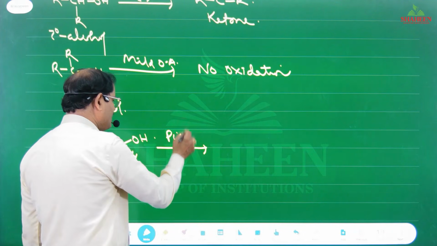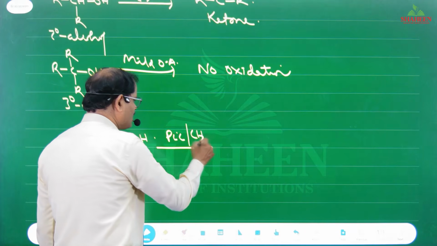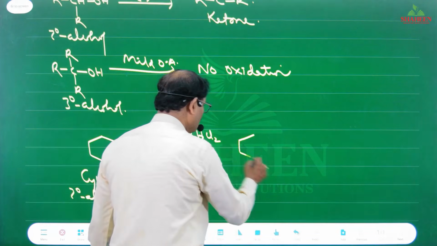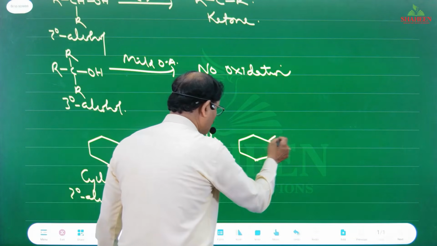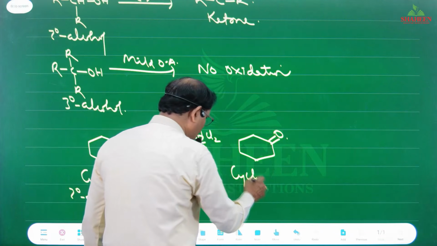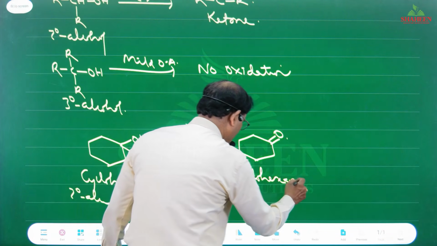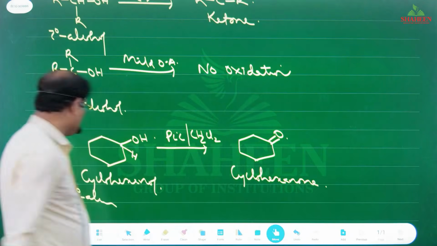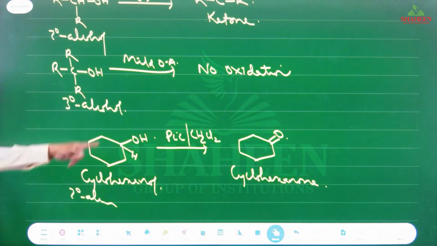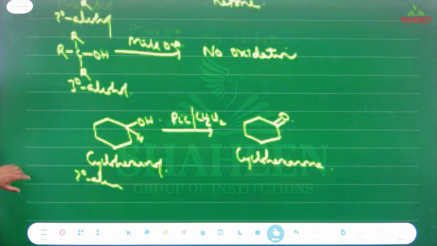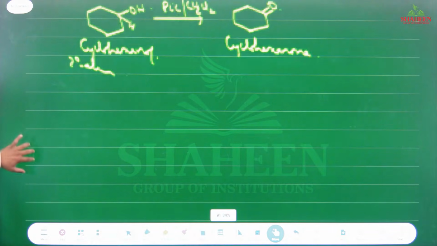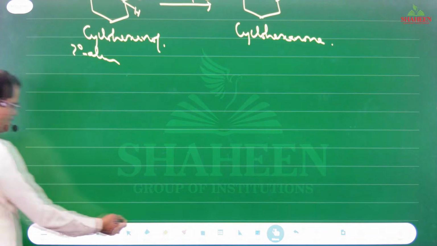With PCC and CH2Cl2, we have the C=O double bond: cyclohexanone. Cyclohexanol is converted into cyclohexanone. This is the way we can prepare carbonyl compounds from alcohols.